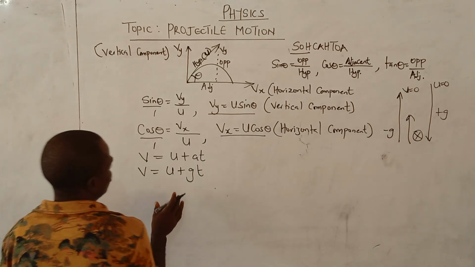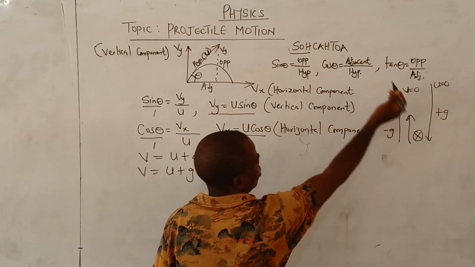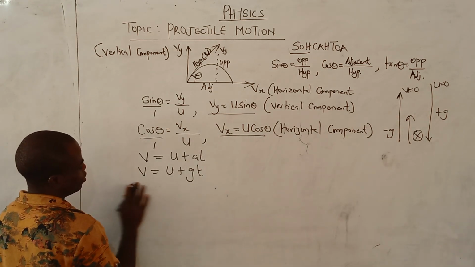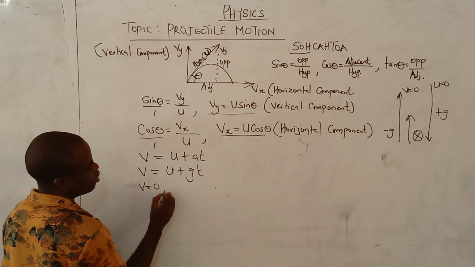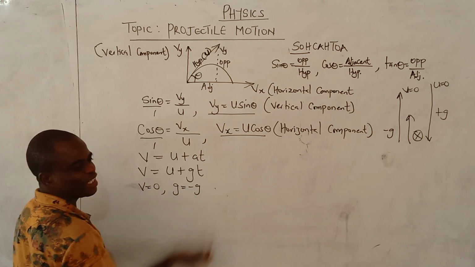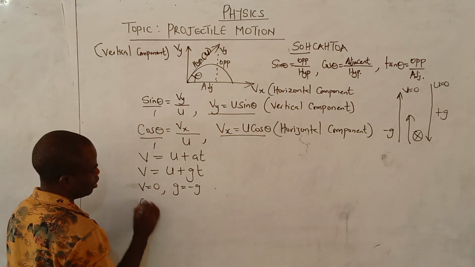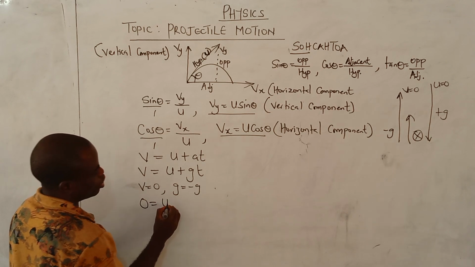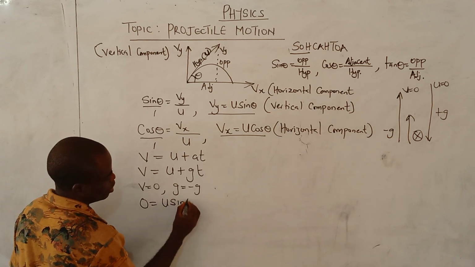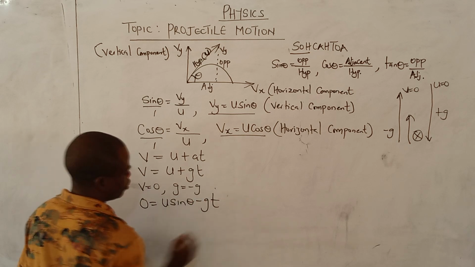Now, let's get the time to reach the maximum height, that is, when it's going up. At that point, v equals 0, and your g is minus g because it's going against the force of gravity. It's resisting the motion. You now replace it: 0 equals u, since it's going up, that's the vertical component, u sine theta, minus gt.